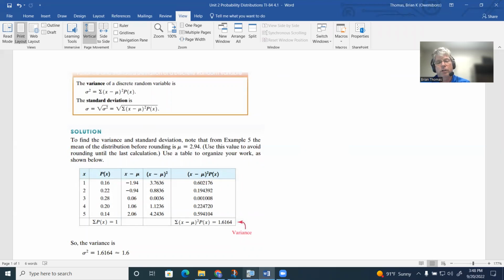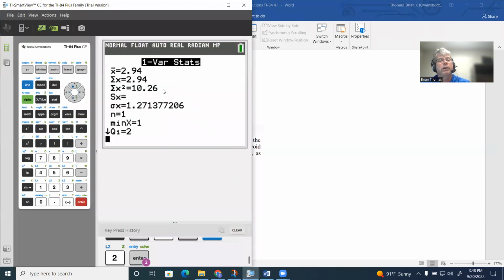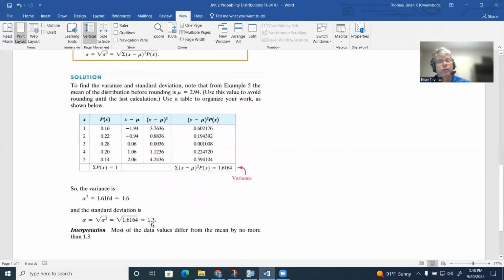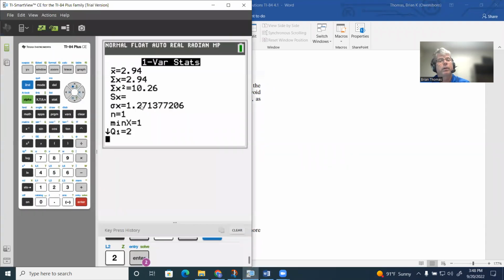If we look at the calculator, sigma x is 1.27, and in our table they said 1.3. Notice they rounded to the tenths place, so that 7 would make it 1.3. So we can get the standard deviation right there.